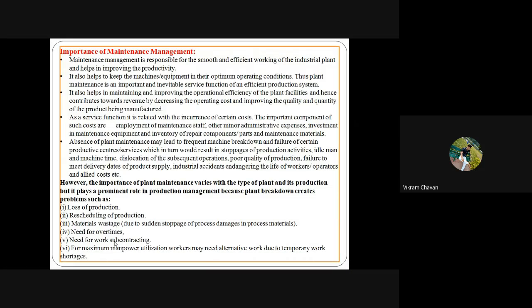because plant breakdown creates problems such as: first one, loss of production. Second one, rescheduling of production.